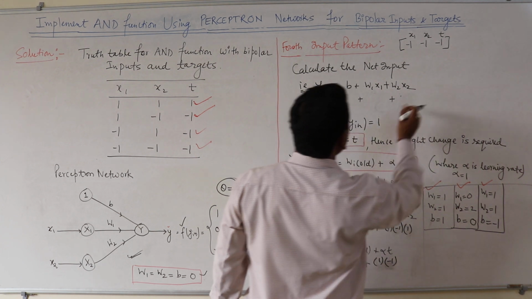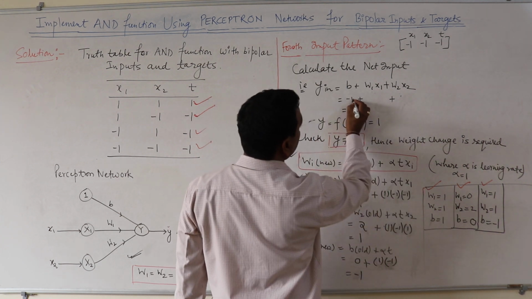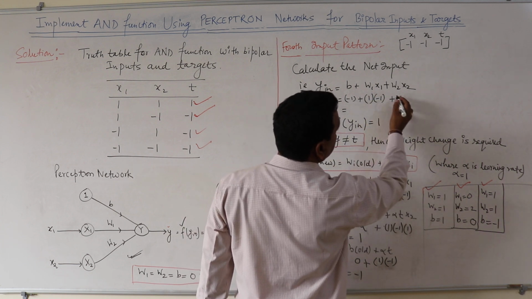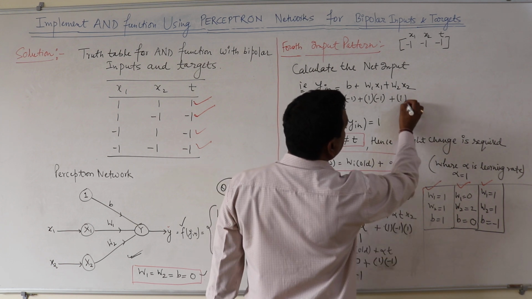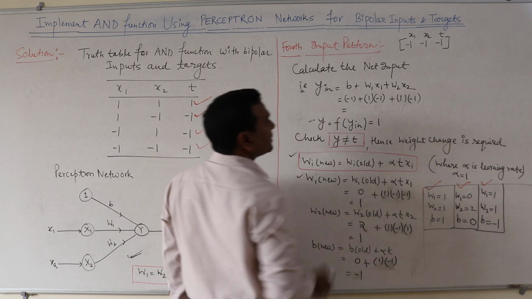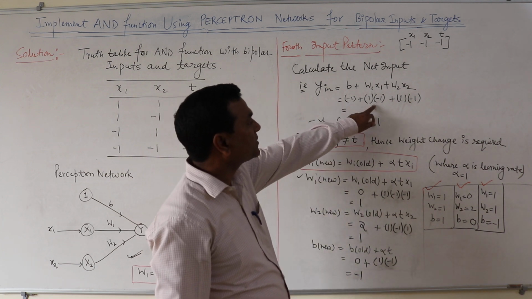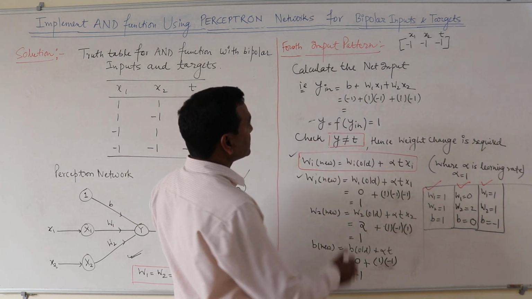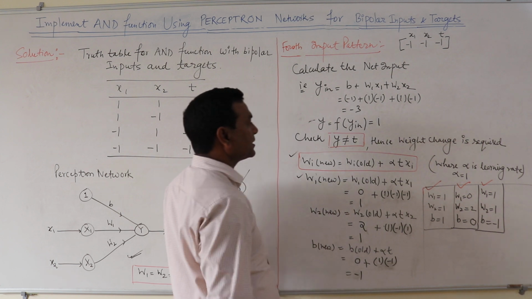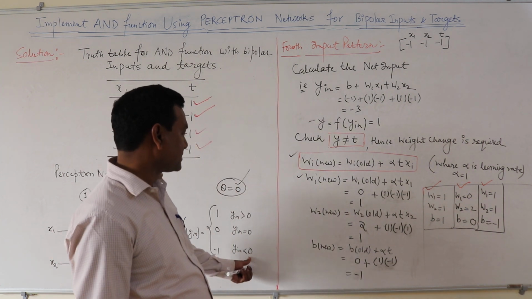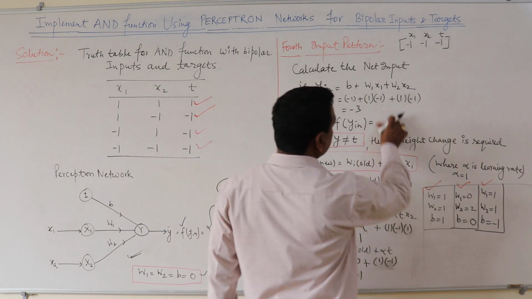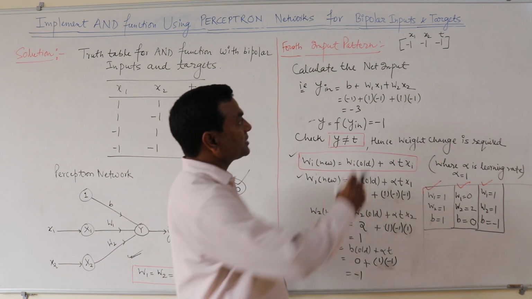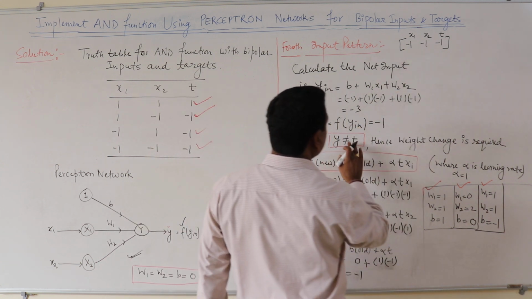So b is minus 1 now, w1 is 1, x1 is minus 1, and w2 is 1, x2 is minus 1. It will be minus 1, minus 1, this is minus 2, minus 2, minus 1, this is minus 3, and minus 3 is less than 0, that's why the output will be minus 1.